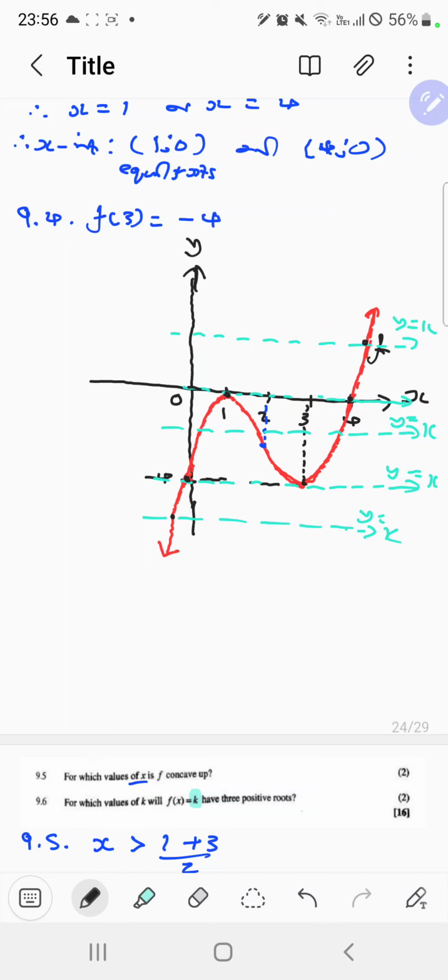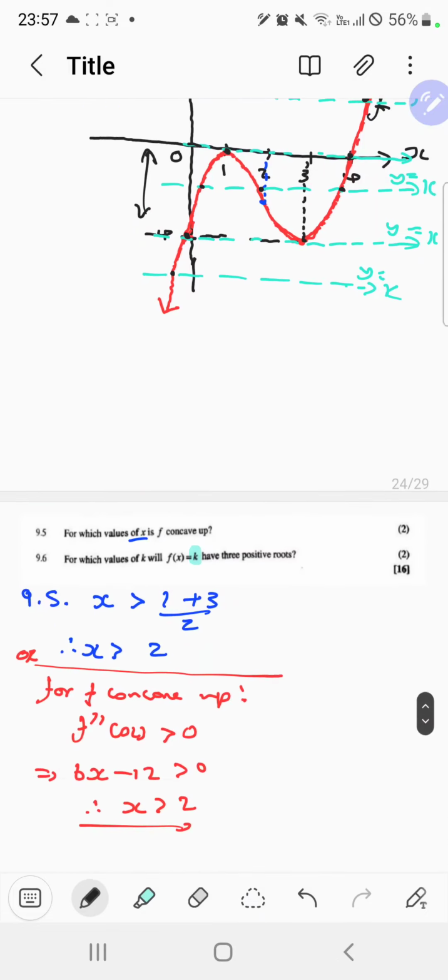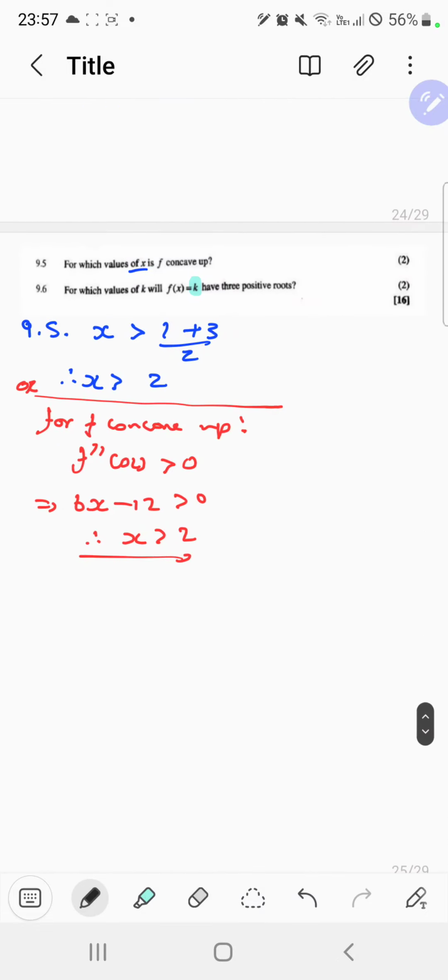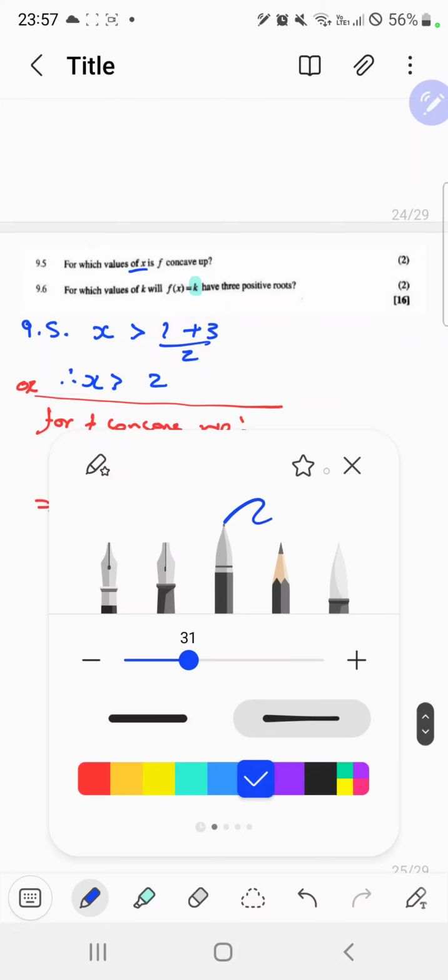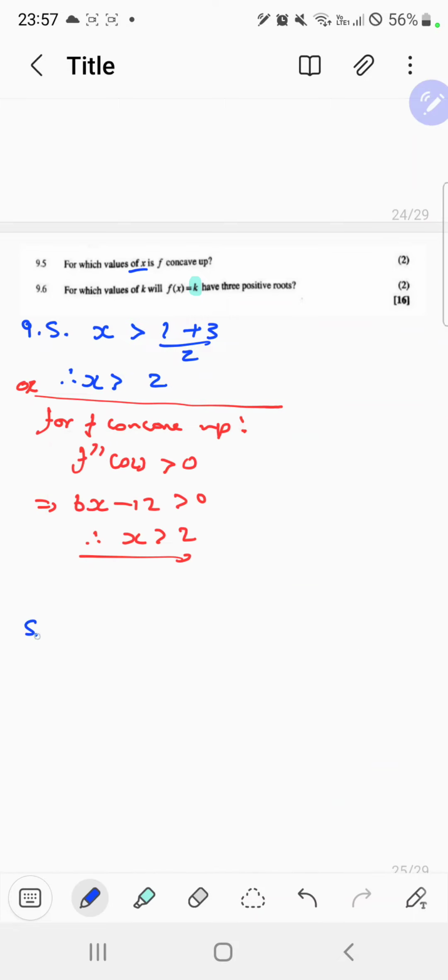If above there, we only have 1 positive root, but look in between 0 and minus 4, it cuts 3 times. So this means our constraint is in this region for our k. So we can then answer this question with confidence that for 9.6, we know that k must be less than 0 but greater than minus 4.